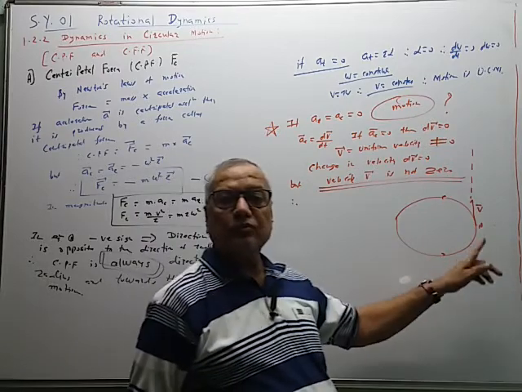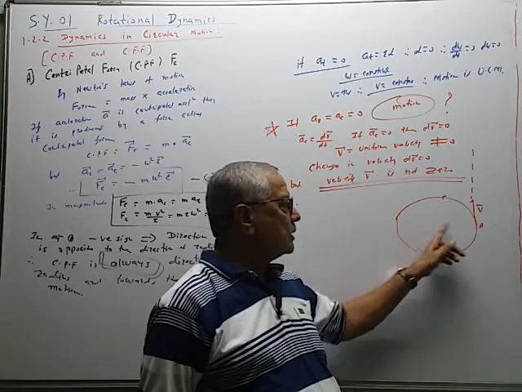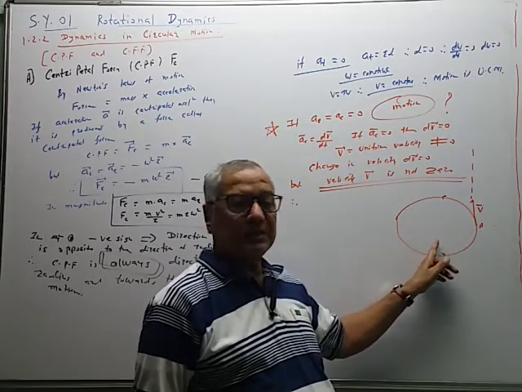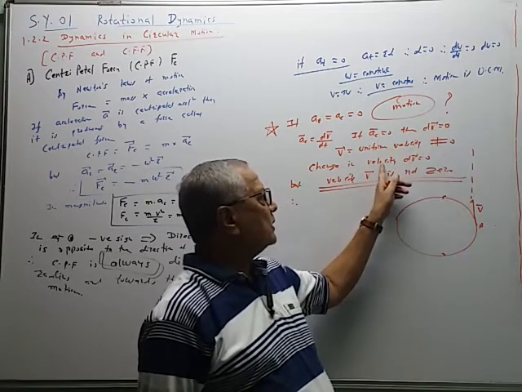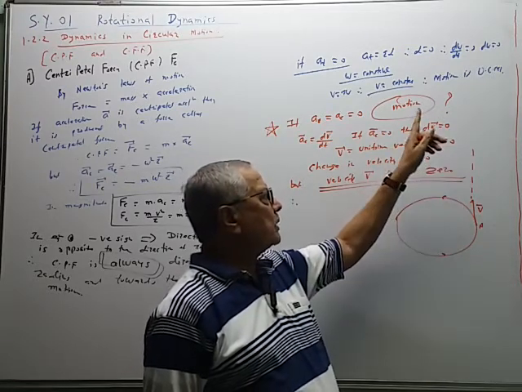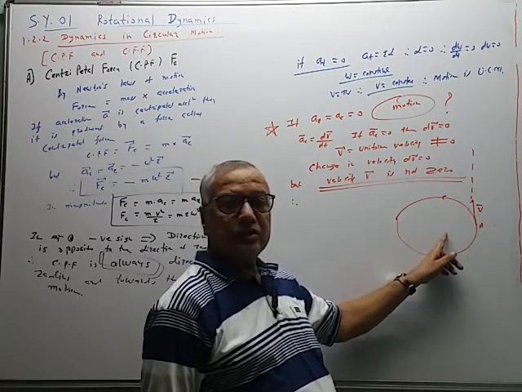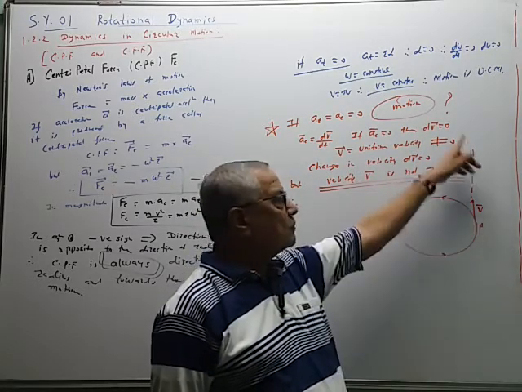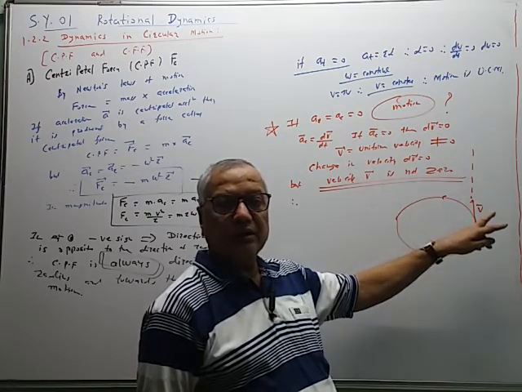So circular motion will stop because there is no centripetal force, there is no centripetal acceleration. So acceleration becomes 0, no change in velocity, no change in magnitude, no change in direction of the velocity. So UCM will stop and linear motion along the tangent will start with the same speed.